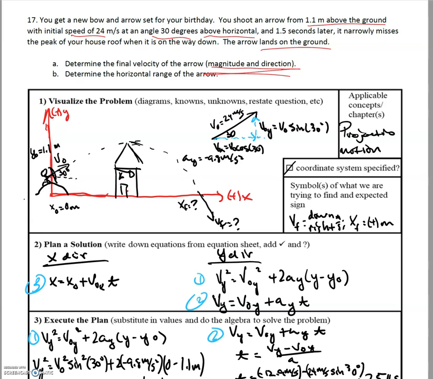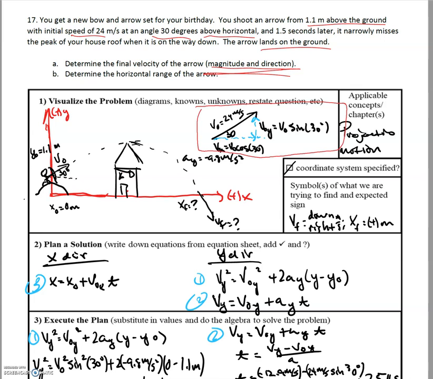So this is a pretty typical problem for projectile motion, where you are starting at some height and the final position is not at the same level. This is a problem you'll see often for projectile motion. As with everything, you always want to draw your initial velocity in terms of its components.